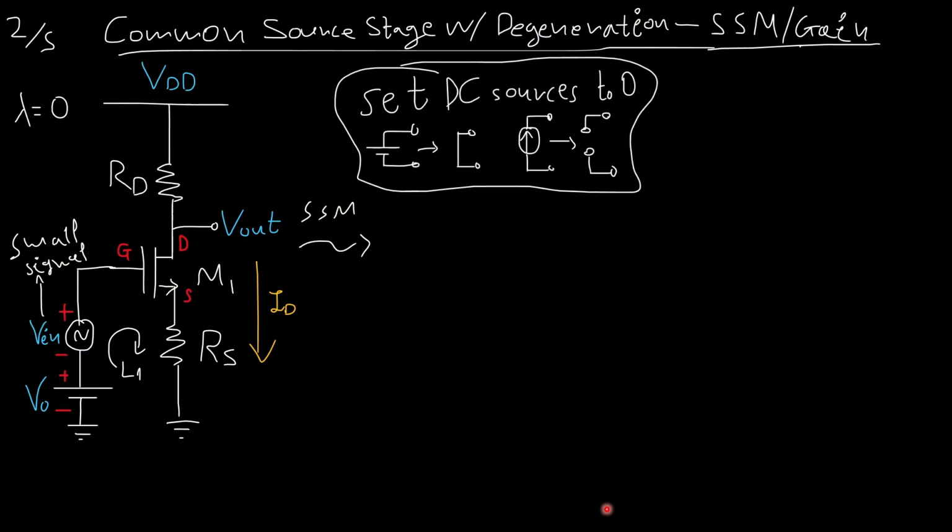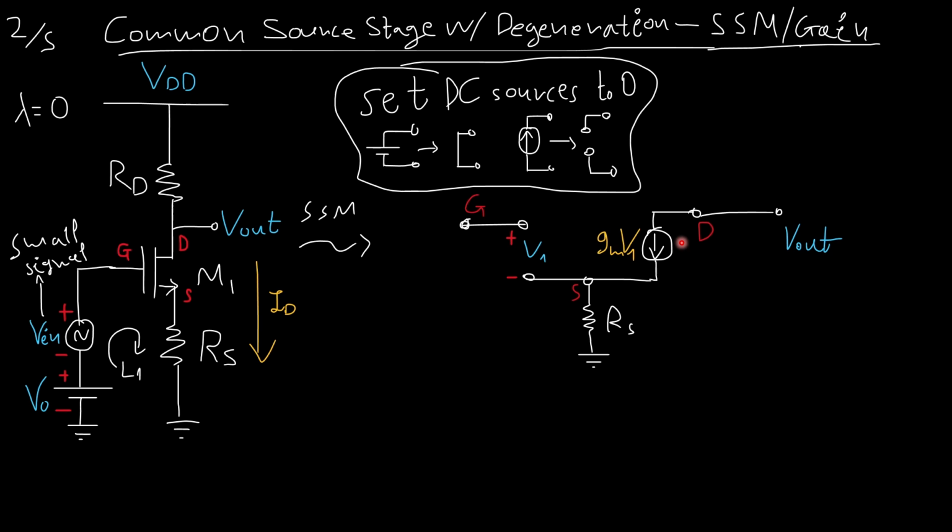If we are asked to find the gain of this configuration, we're going to need to draw the small signal model. For the small signal model, we are going to set all DC sources to 0, which means that the batteries must be short-circuited and the current sources must be open circuits. Therefore, I draw the small signal model of the MOSFET here.